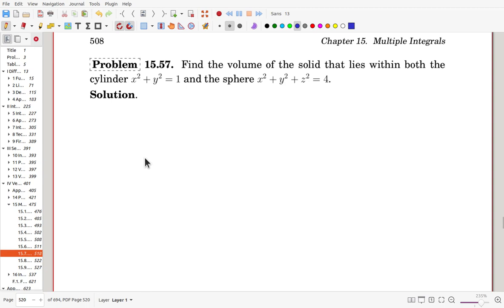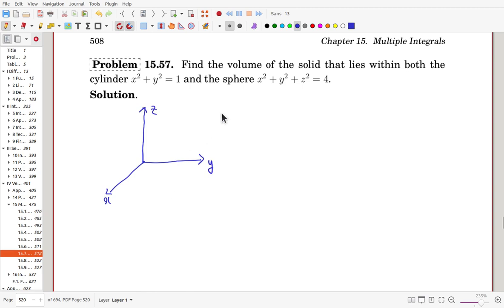So we can visualize the volume in this way. That is the X, Y, and Z direction.